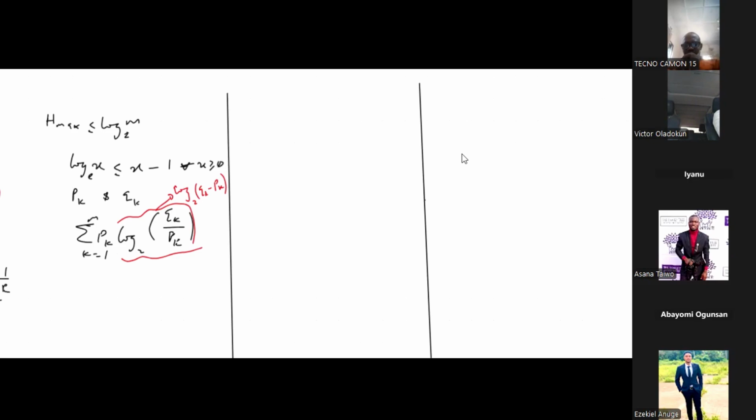Now, if we perform change of base in this, then this is the same as sigma k equal to 1 to m p sub k, for which we have log q sub k over p sub k base 10 over log 2 base 10. So this is the change of base, literally changing from base 2 to base 10.